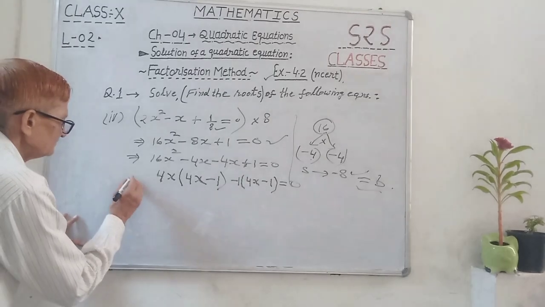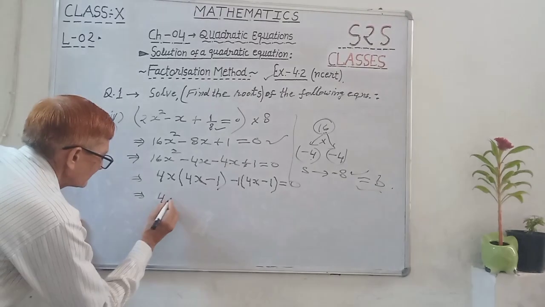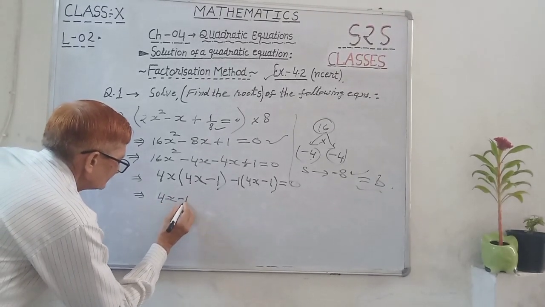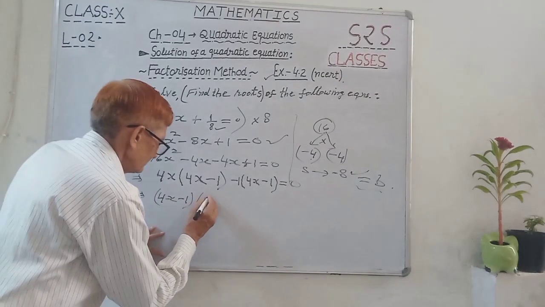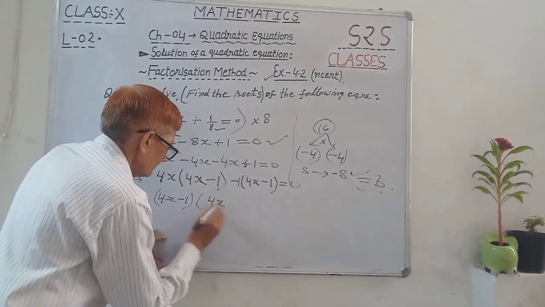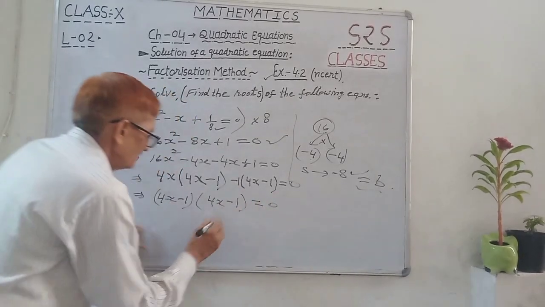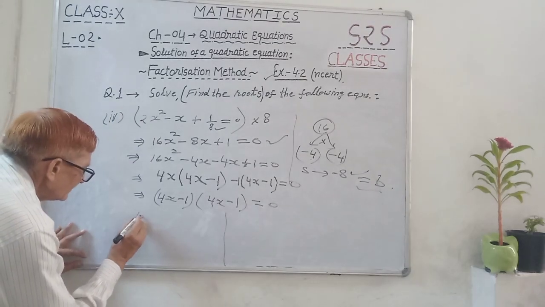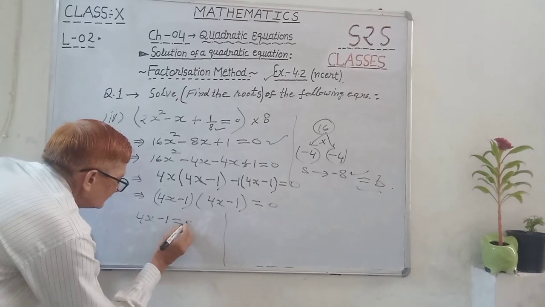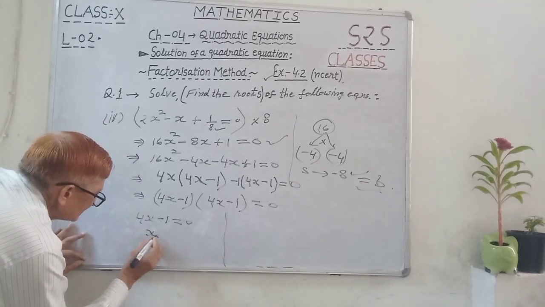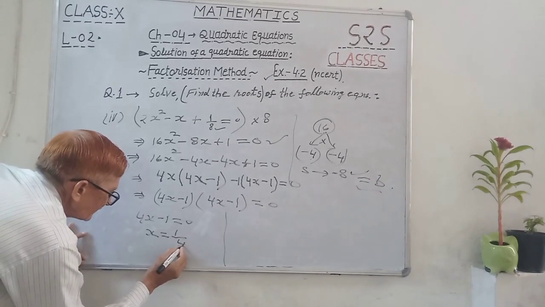Now 4x minus 1 is one common factor. What is left? 4x from one, and minus 1 from the other, so 4x minus 1 left, is equal to 0. Now make each factor equal to 0. 4x minus 1 equal to 0, then x is equal to plus 1 divided by 4.